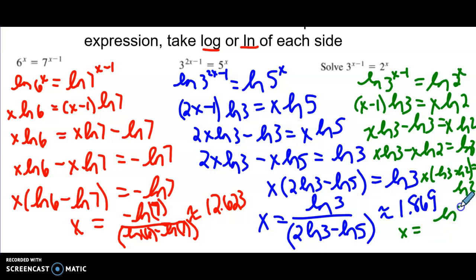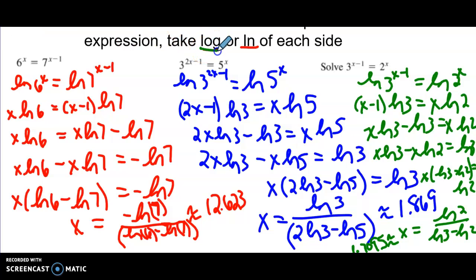So x is the natural log of 2 divided by the natural log of 3 minus the natural log of 2. And we do that on the calculator to get our approximation. And when we type this all in the calculator, we get about 1.7095.